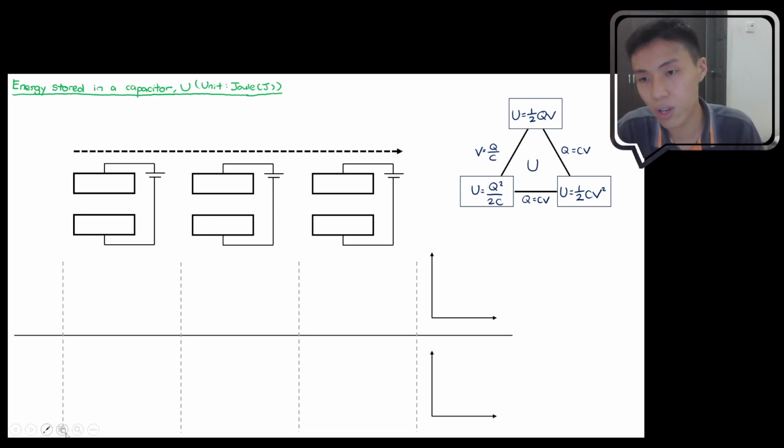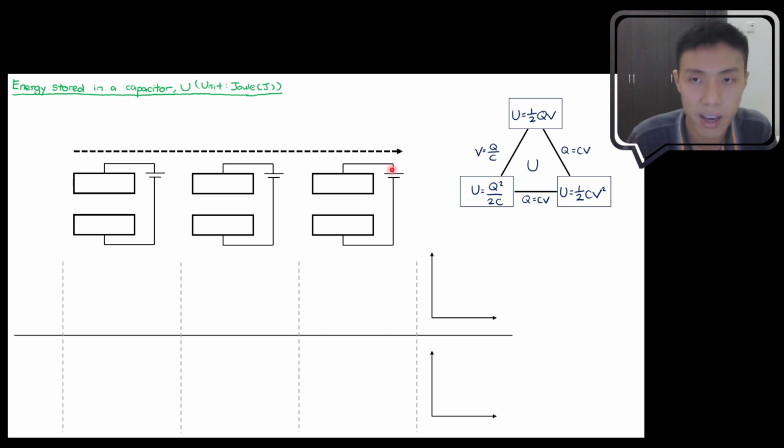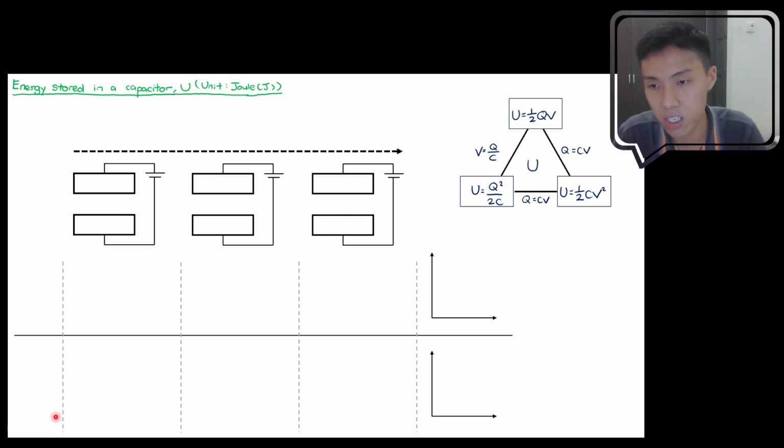Okay, so to illustrate the idea of how much energy is being stored in a capacitor, I'm going to show you how a capacitor is being charged and discuss the energy change that happens to the charges when they move from one plate to another. So this is a charging process. The charging process means you initially have an uncharged capacitor.